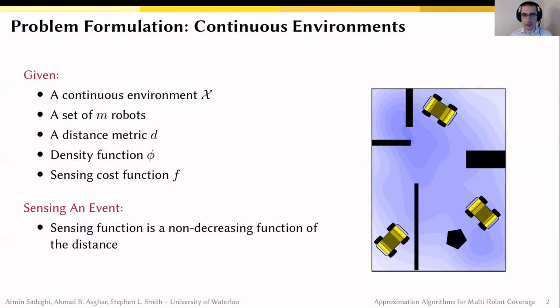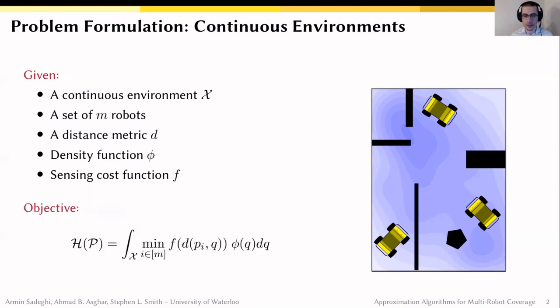The sensing cost function is our measure of the quality of servicing or sensing an event. It is a non-decreasing function of the distance. Basically, if the distance between the location of the event and the robot assigned to service that event is large, then the sensing cost will be large.